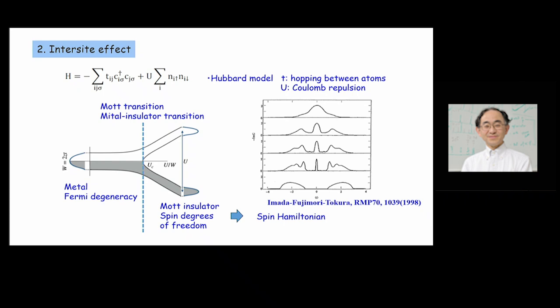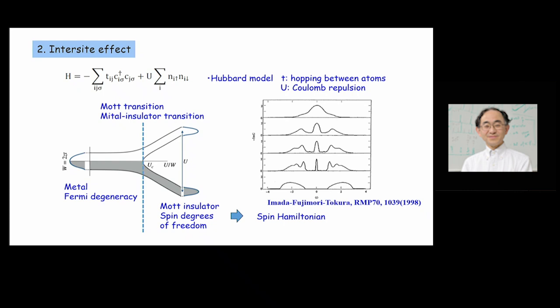But in addition to that, we have an intersite effect, which comes from the hopping or tunneling between different ions, site i and site j. So then we have a competition between the T term and the U term, which is described by this Hubbard model, the hopping and the Coulombic interaction.